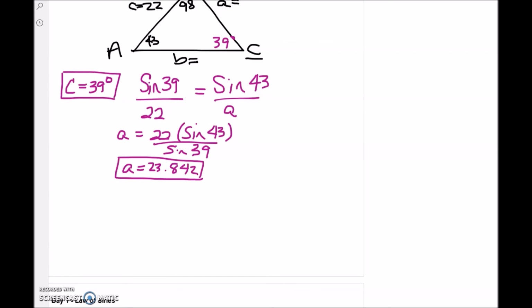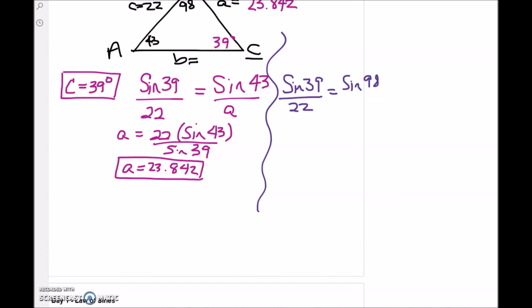Okay, and now I can go on and do sine of C over the side C, so sine 39 over 22 is equal to, and what else do I need to find? B. So I need to do the sine of 98 degrees all over side B. So you get the idea, right? 98 all over, divide by sine of 39.